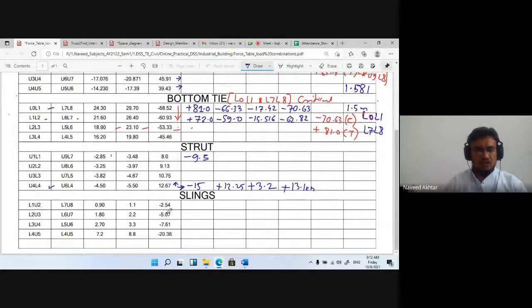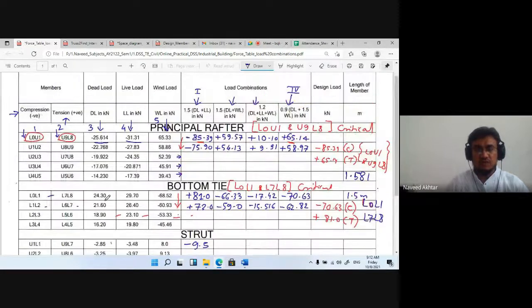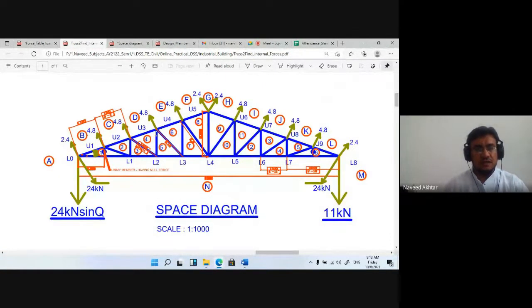Based on the load combination, the worst combination is taken for the design of members. The internal forces are already found, and we know the length of members from the space diagram we drew with a scale.